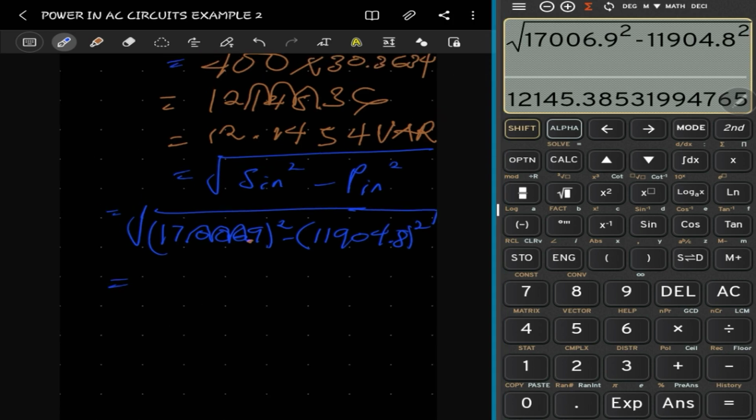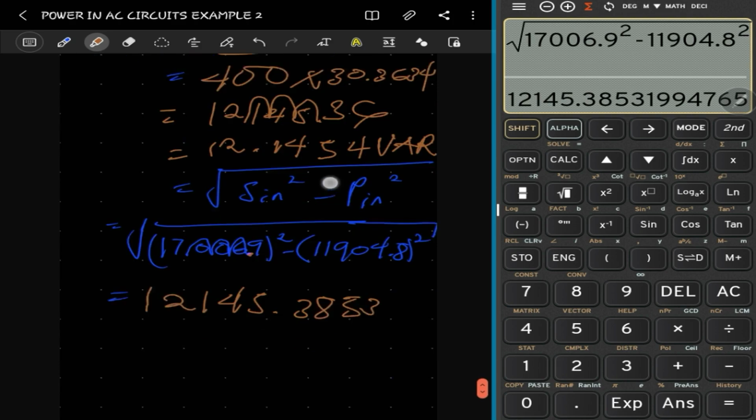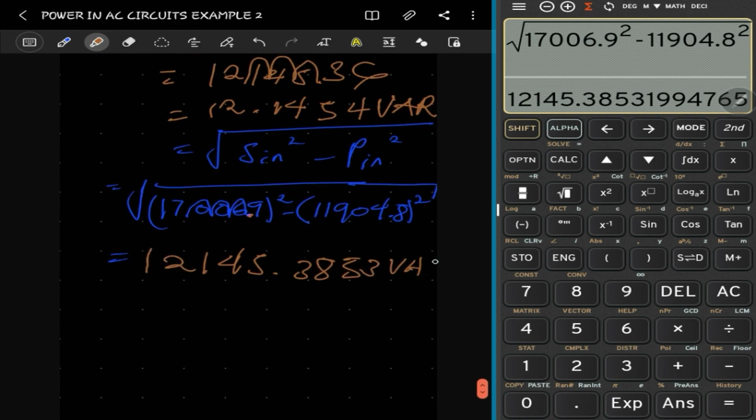If I use the values there, the end result will be in the same unit, right? So let's see. It gives us 12145.3853. We are also looking for reactive, that's VAR.